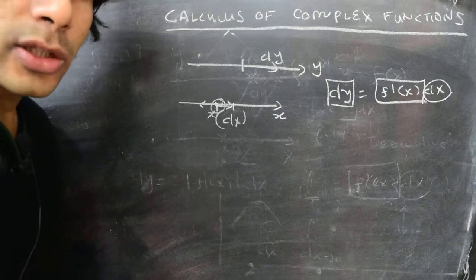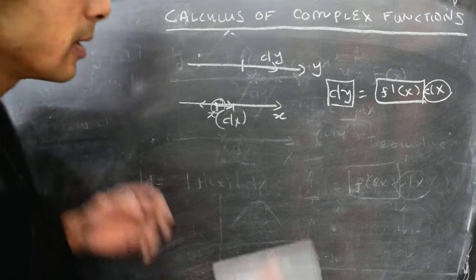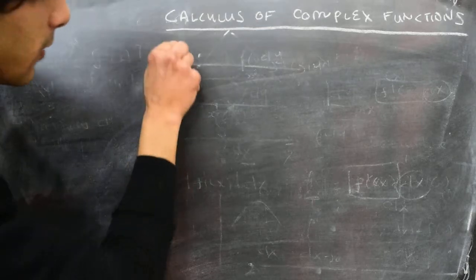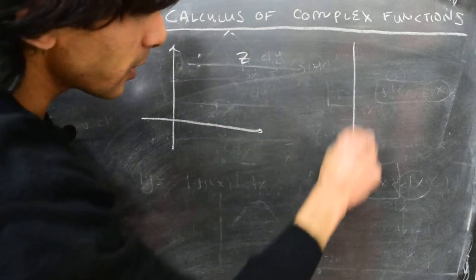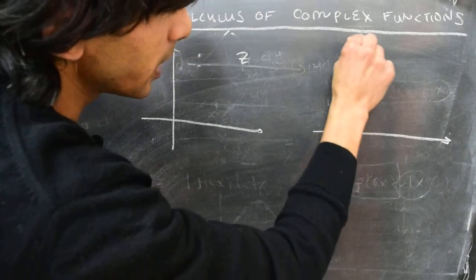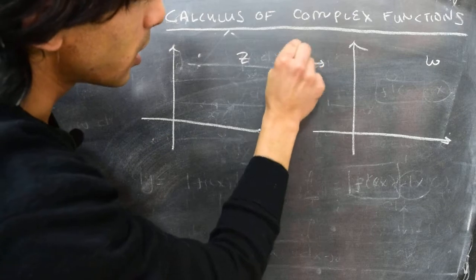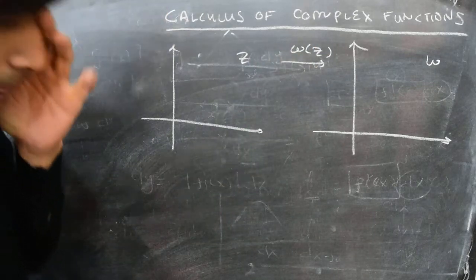So now let's try and generalize these ideas and think about them on the complex plane. Let's say we have the z-plane here, and then we have the image plane, which is the w-plane, and we are considering a mapping of the form w(z).